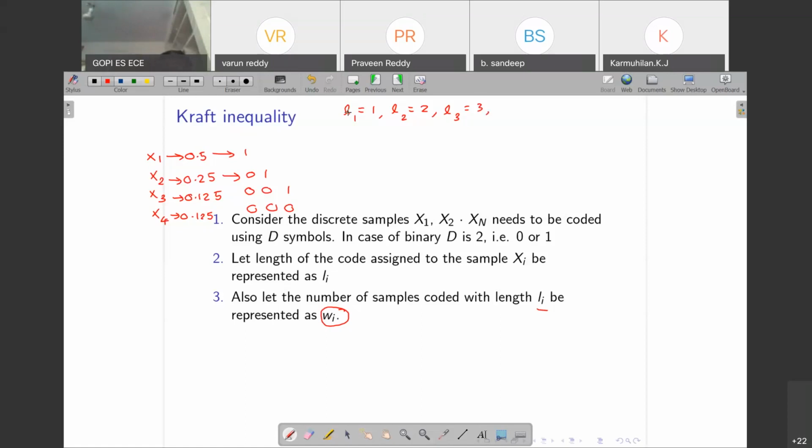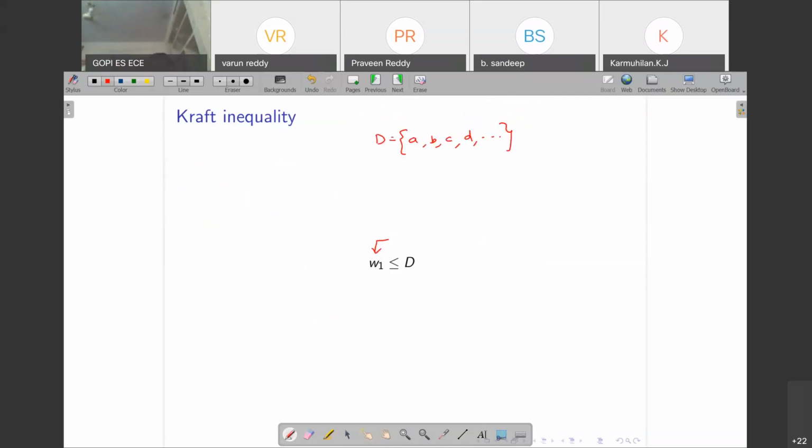W1 is the number of messages with length 1. These symbols may not necessarily be digits. You can have a symbol like A, B, C also. These are all the symbols, and there are D symbols available in this.